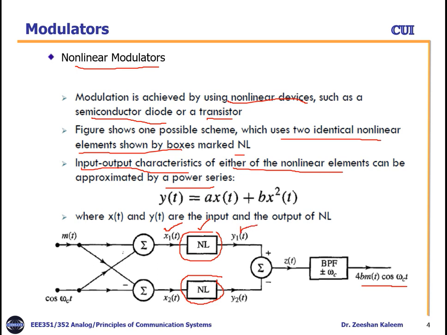It looks like y(t) = a x(t) + b x^2(t), where x(t) and y(t) are the input and output of the nonlinear device. Let's discuss in more detail how it works.